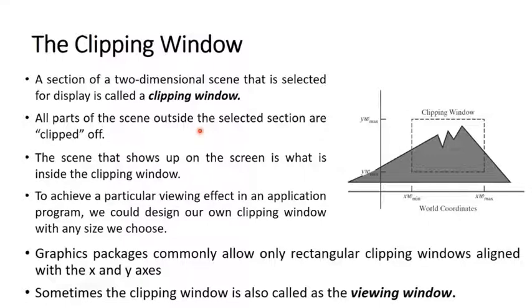Your screen is equivalent to your display window, the one that you create using glutCreateWindow. What you see as your hardware output is the content of the world which fits into this clipping window.